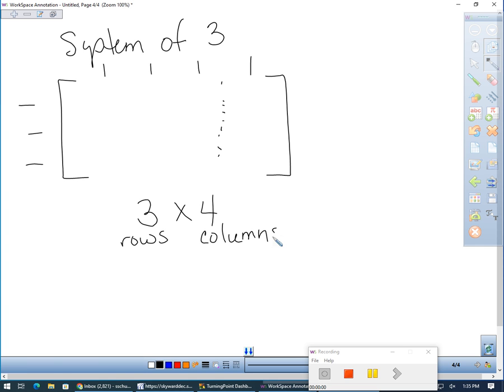Now, when we solve, the idea is we're going to get a final matrix when we hit the enter button on our calculator. The final matrix is going to put 1s in the diagonal and 0s everywhere else on the left-hand side of the equals.